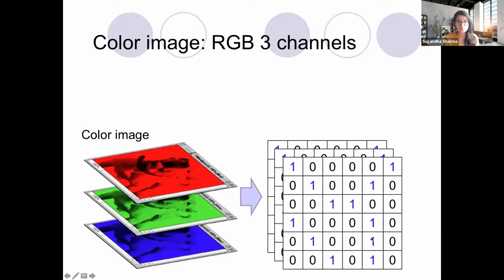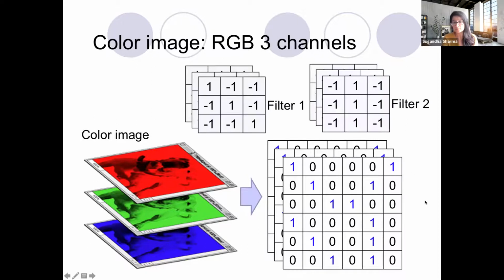And so then our image, instead of being an m by n dimensional image, is actually 3 by m by n dimensional. So that's going to be our input image. And our filters also correspondingly will be 3-dimensional, right? So we can see that our input now has a depth of 3 instead of 1, and our filters also have a depth of 3 instead of 1.